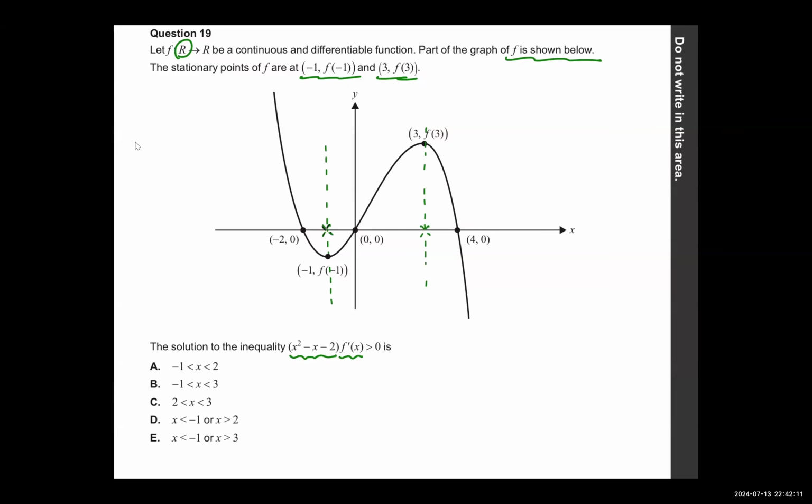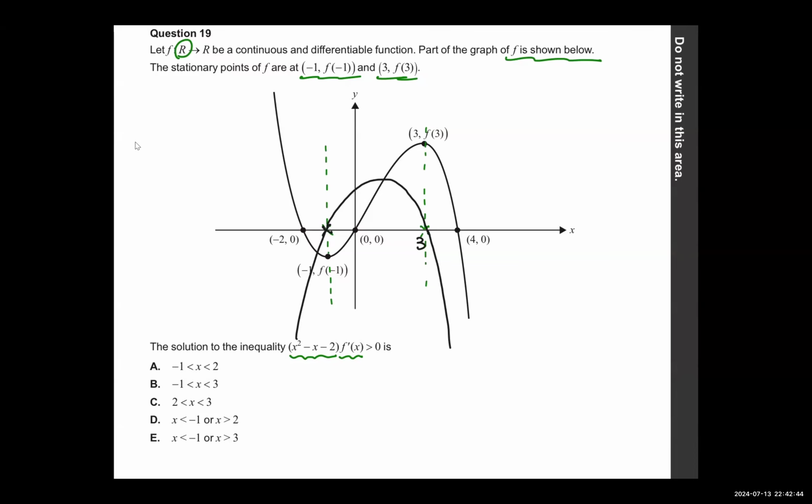Because before x equals -1 the graph is decreasing, I should be able to get part of the derivative graph here below the axis, and between -1 and 3, something above the x-axis. And then after x equals 3, it's decreasing again, so negative gradient.